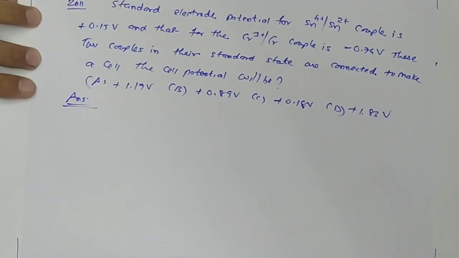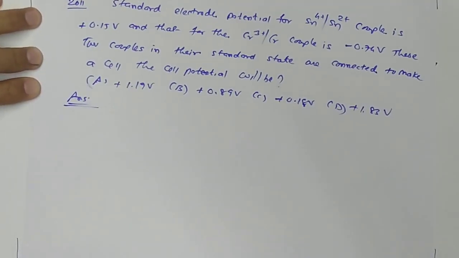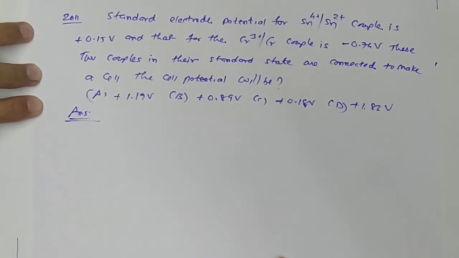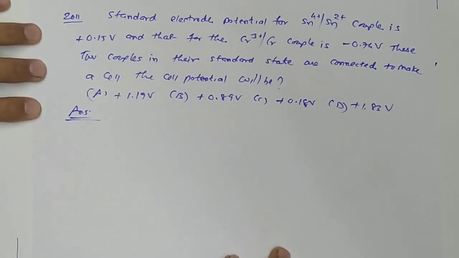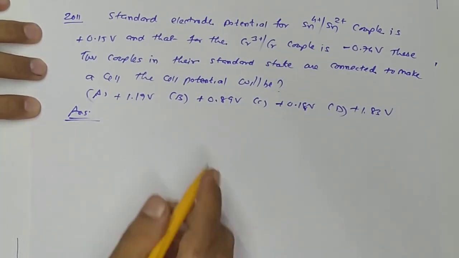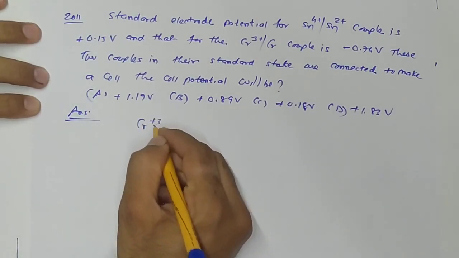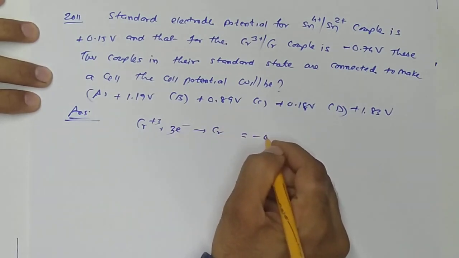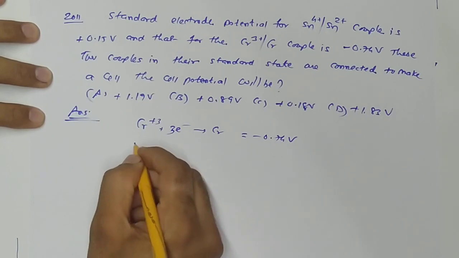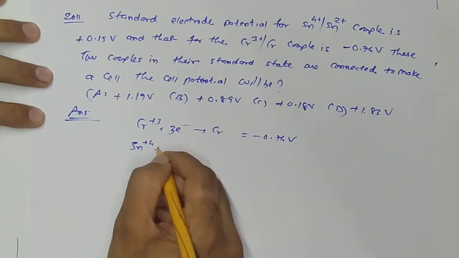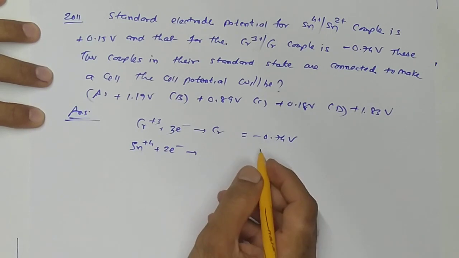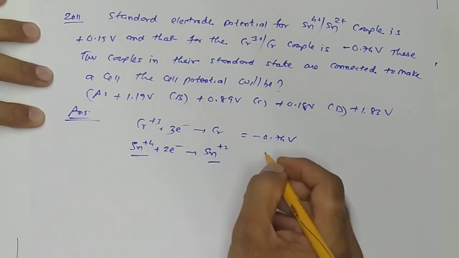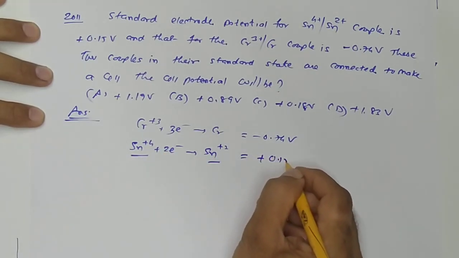Now the answer. Standard electrode potentials are given. Understood? Here, the reduction potential of chromium is minus 0.74 volt, and the reduction potential of Sn+4/Sn+2, the stannic one, is plus 0.15 volt.